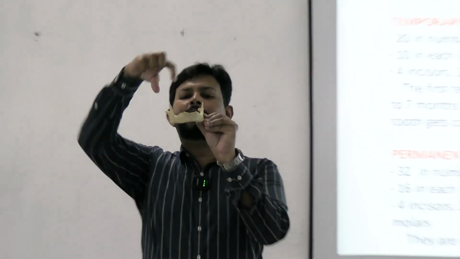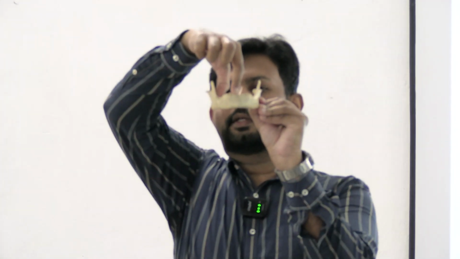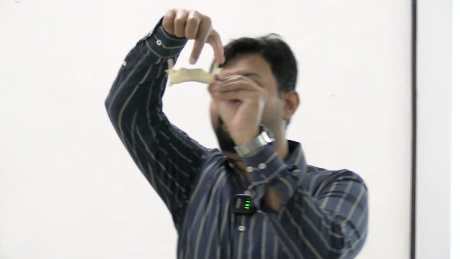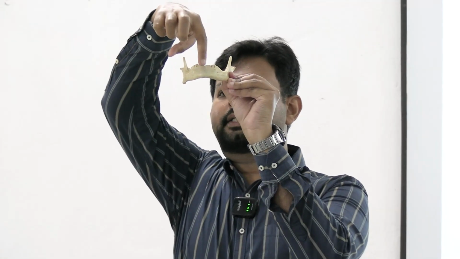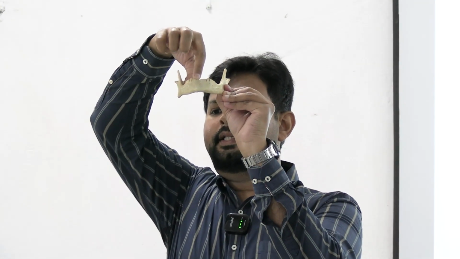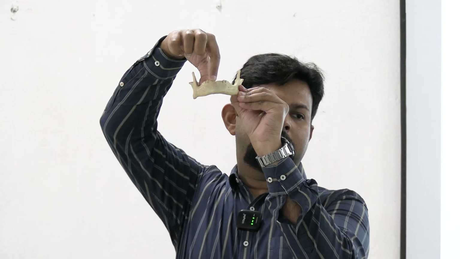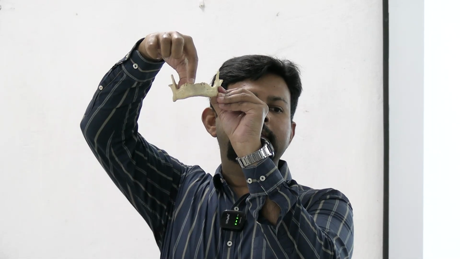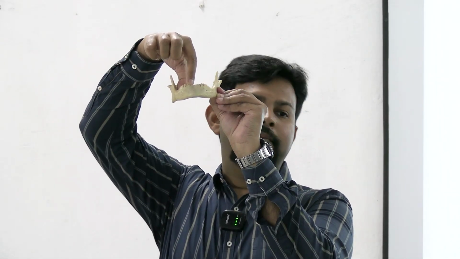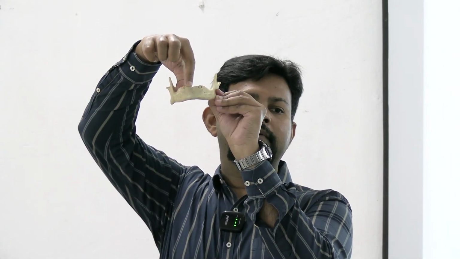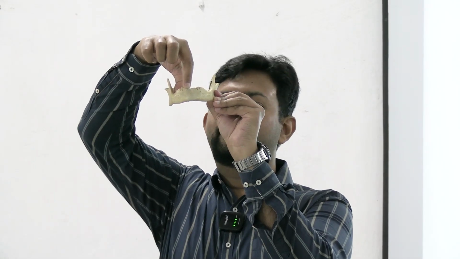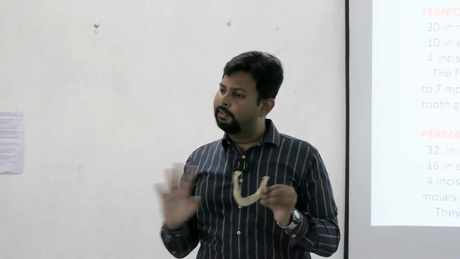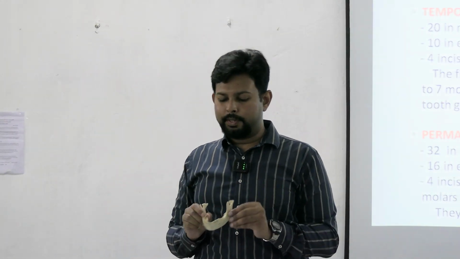So only this portion, from the center midline to this one, there will be 2102 for children. 2 incisors, 1 canine, and 0 premolars. And they have molars. How many? 2 molars. So what they don't have is premolars. Clear? Okay.